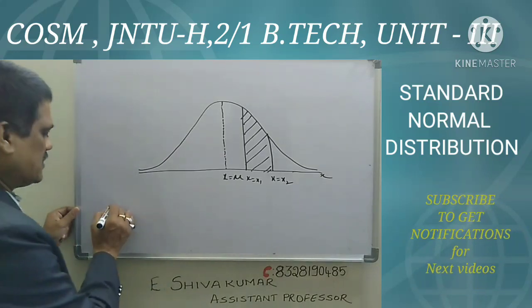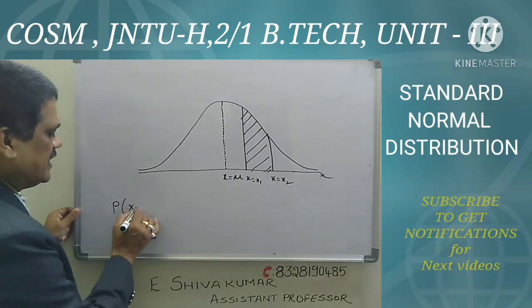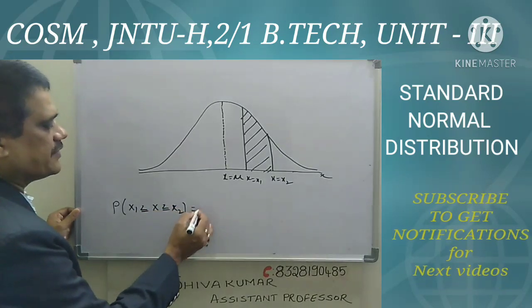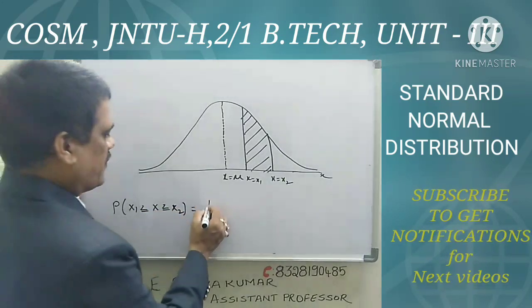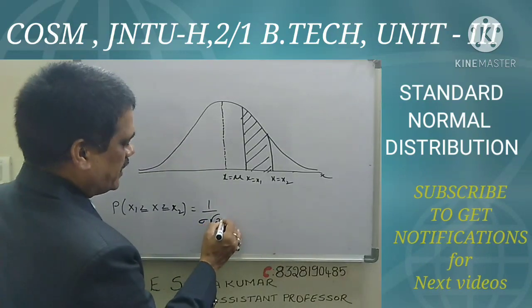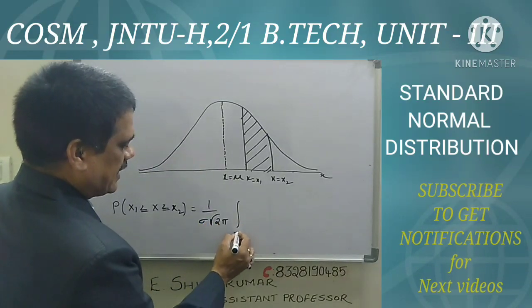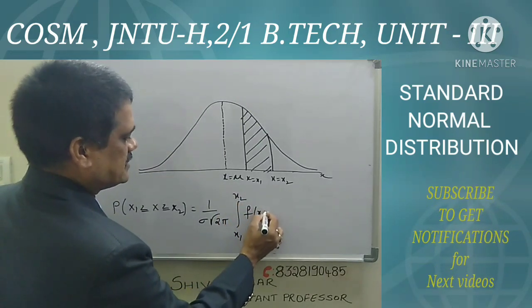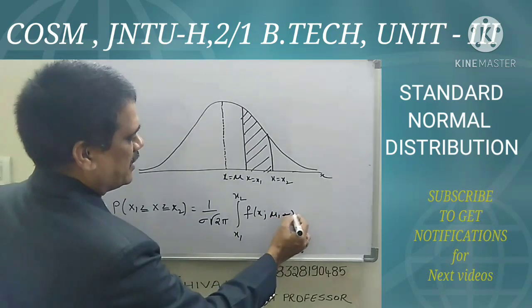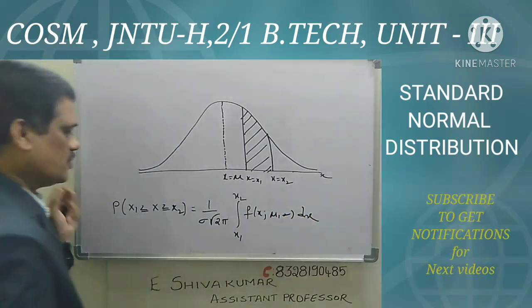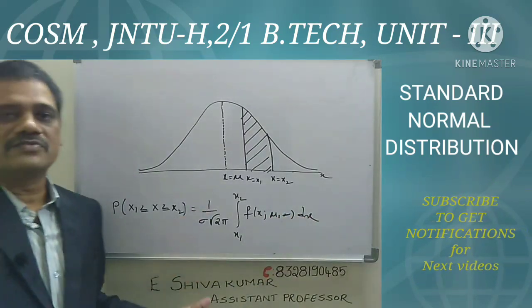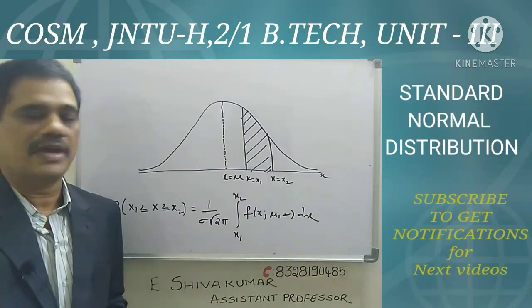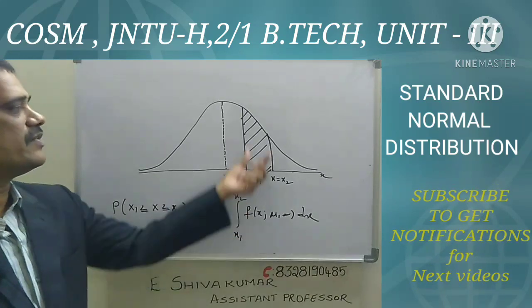The meaning of that is the probability of x1 less than or equal to x less than or equal to x2, which equals 1 by sigma root 2 pi times the integral from x1 to x2 of f of x, mu, sigma dx. Integration gives the areas, so if you calculate this, you will get this region.